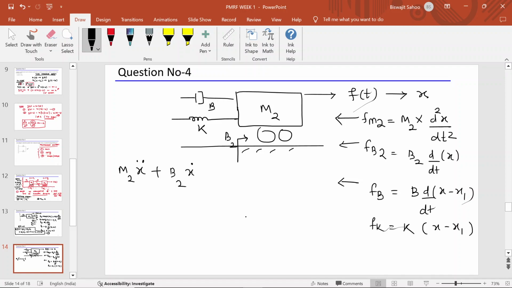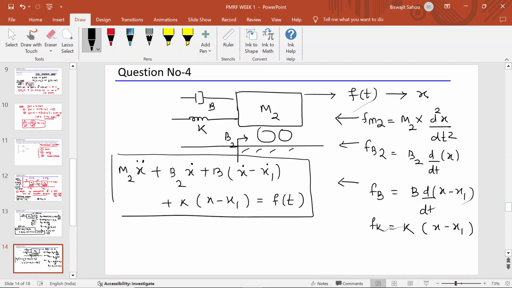Because another interesting question is there on the next slide, so I'm just giving a flavor of how to solve this question.